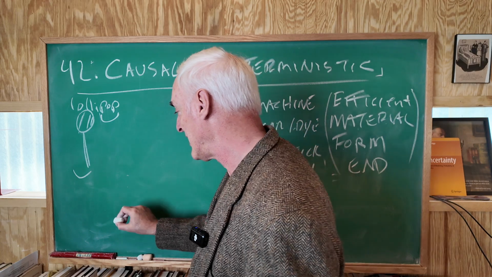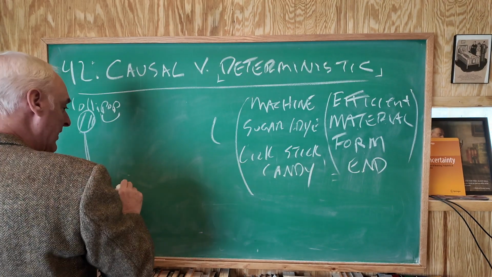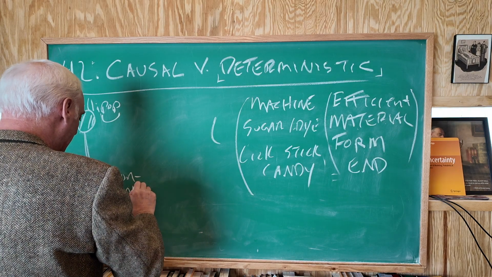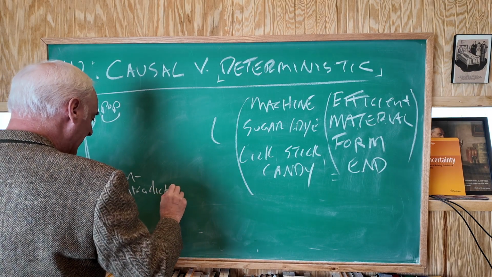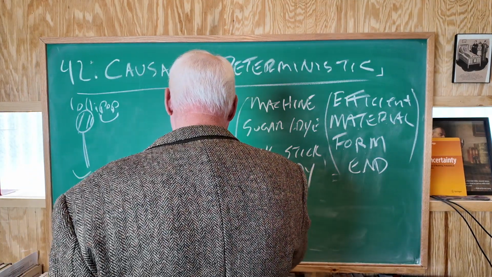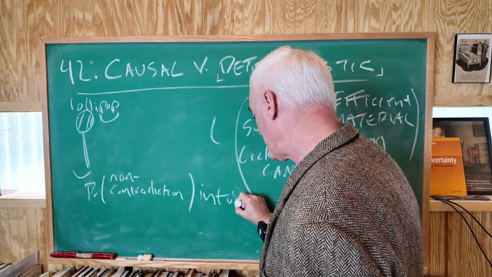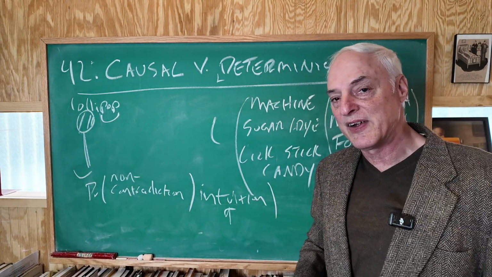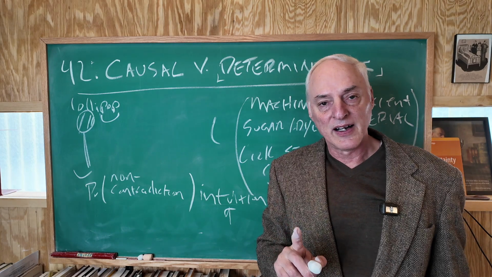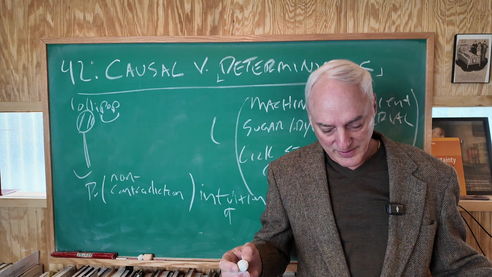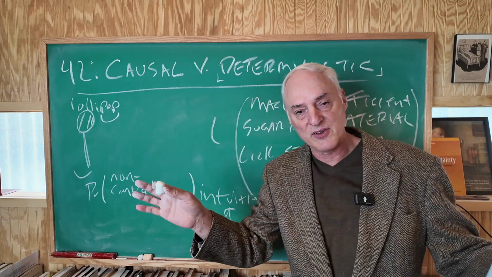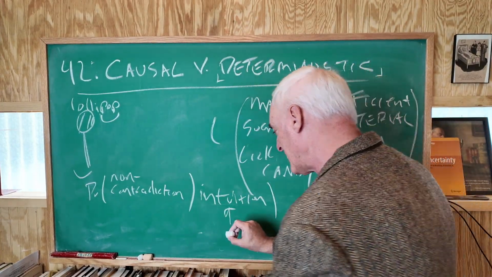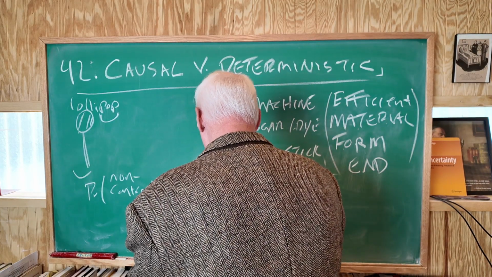So let me just give you an example. Here's an example of non-contradiction. We did this before. Given our intuition, our induction, one of the highest forms of knowledge, the induction we talked about has at least 5 different kinds, and the highest form of induction we have is the induction of intellection.